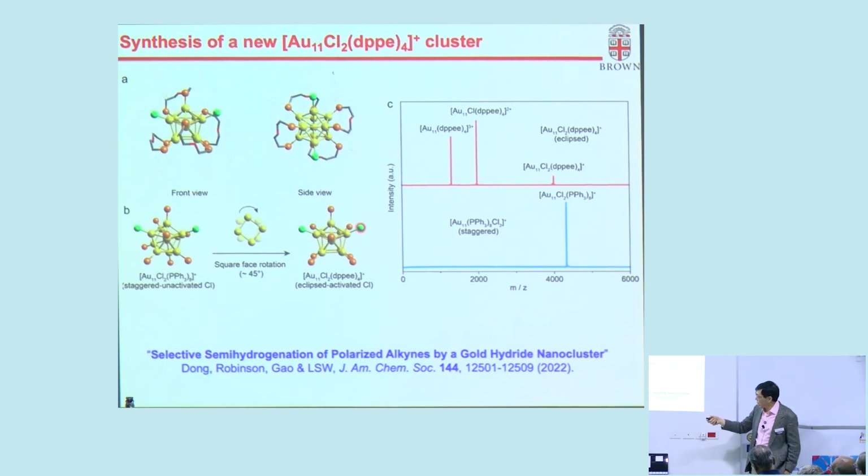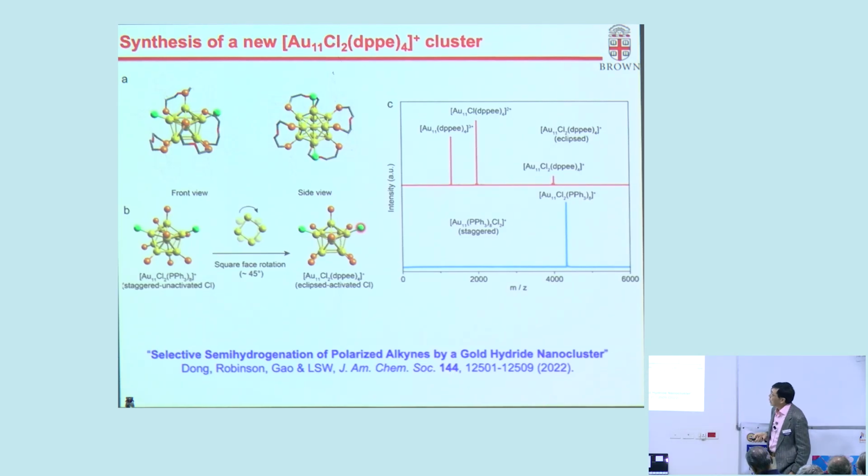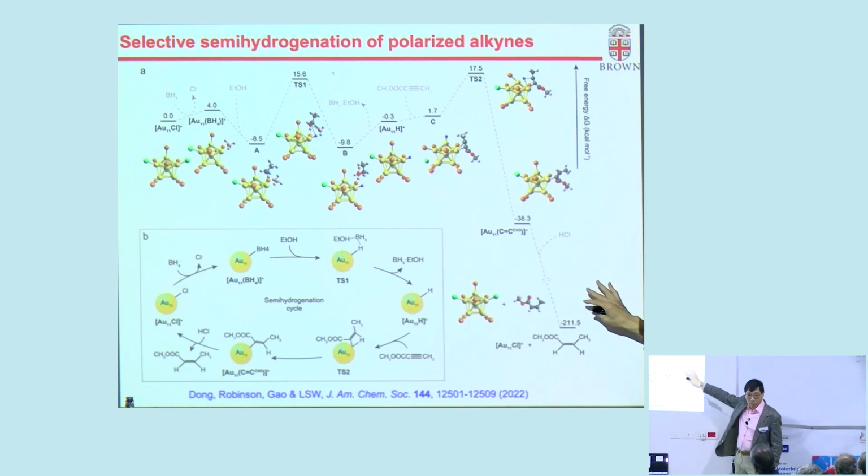He found that this is a very good catalyst for semi-hydrogenation of polarized alkynes. Okay, not with acetylene, but you have to have a polar group on the triple bond. And he was able to show that you can get very selective semi-hydrogenation. He went on and did all the calculations, the mechanisms. So this is also a very, very good cluster.